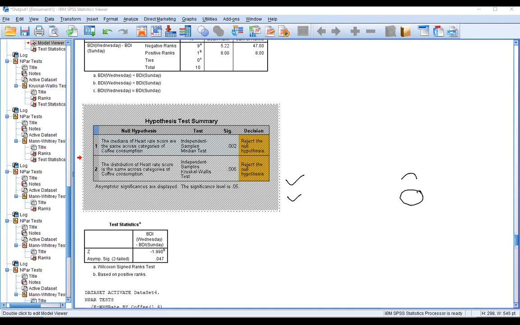No cup coffee and 4 cups coffee, it is not giving a significant result also. But the significant result from the other method is not visible. Okay.